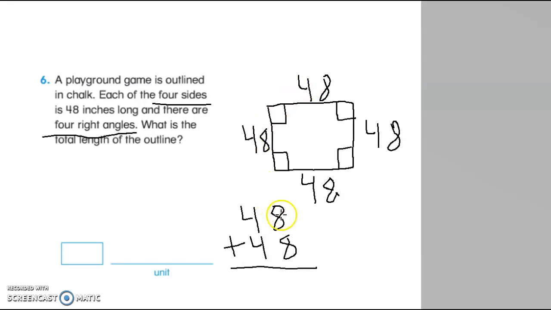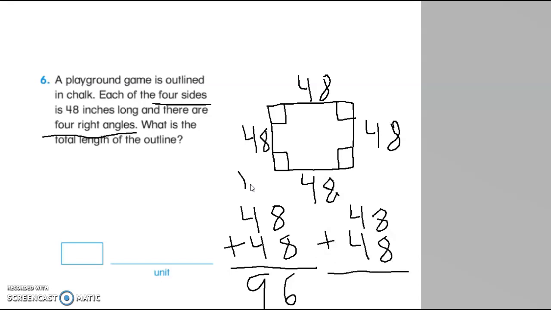Start with your ones. 8 plus 8 equals 16. 4 plus 4 equals 8, plus 1 more equals 9. Then if I do it again, 48 plus 48, I don't even have to worry about adding it because it's the same numbers, so it's just going to be 96.